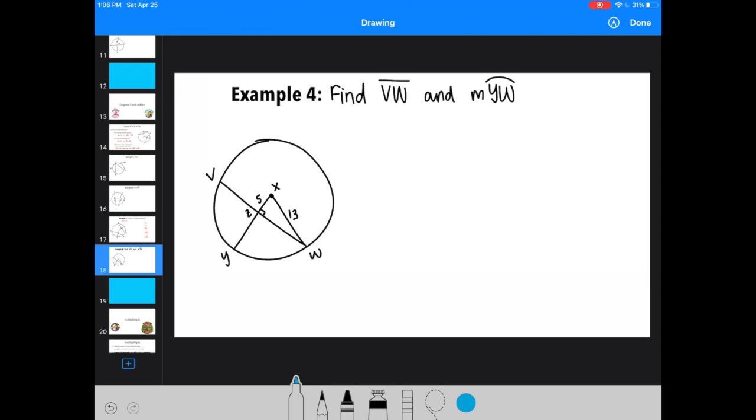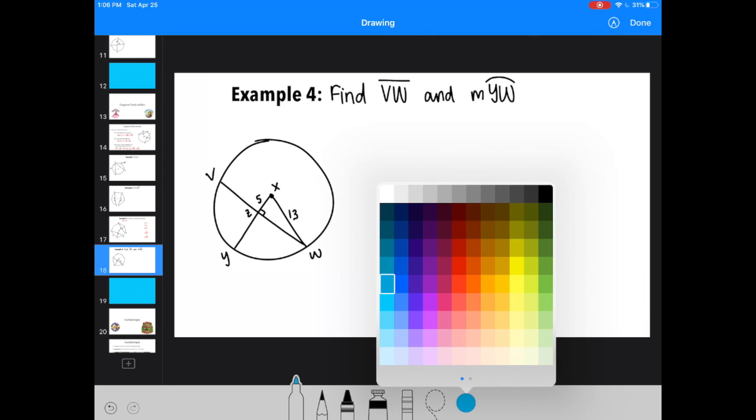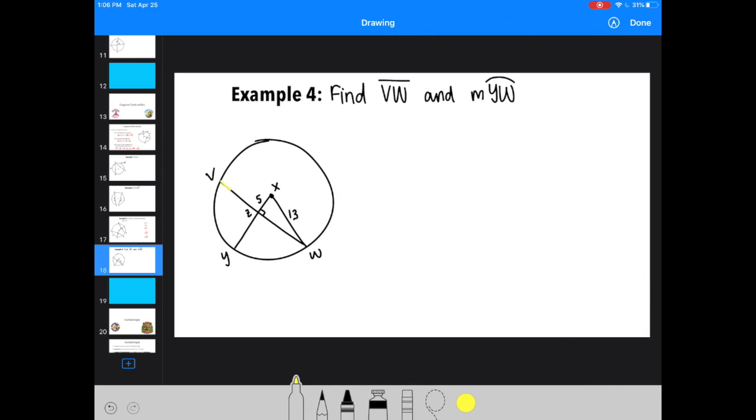So, looking at our picture, how are we going to get to those quantities? How are we going to do this? I need to find this long segment right here, VW.